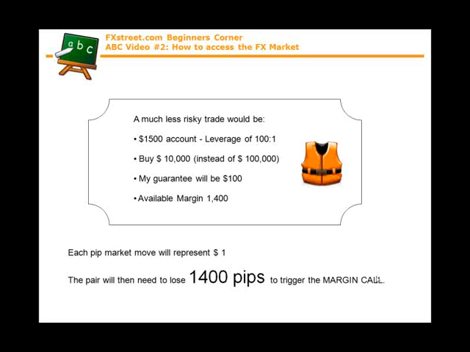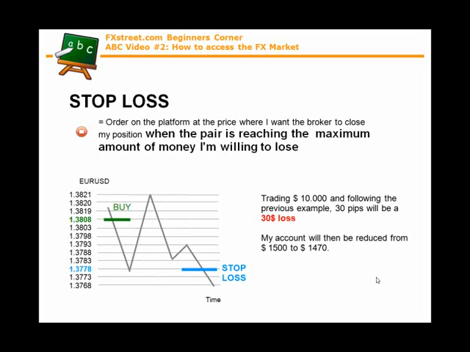To limit that kind of risk, trading platforms include automatic trading orders called stop loss. Stop loss is the price at which we decide to cut losses. We set this order on the platform at the price where we want the broker to close our position when the pair is reaching the maximum amount of money we are willing to lose.